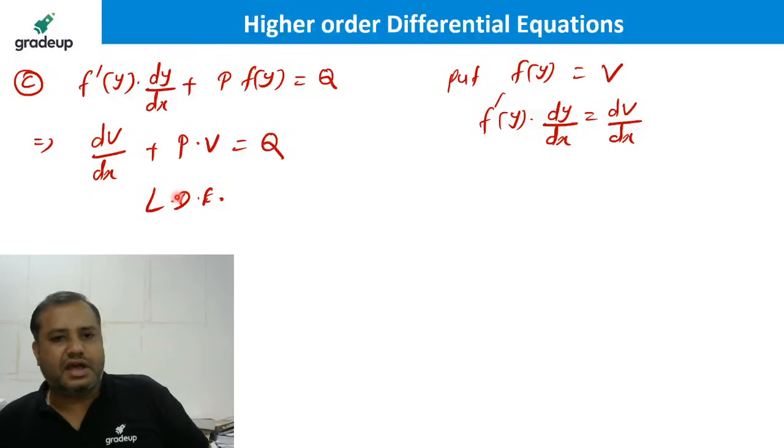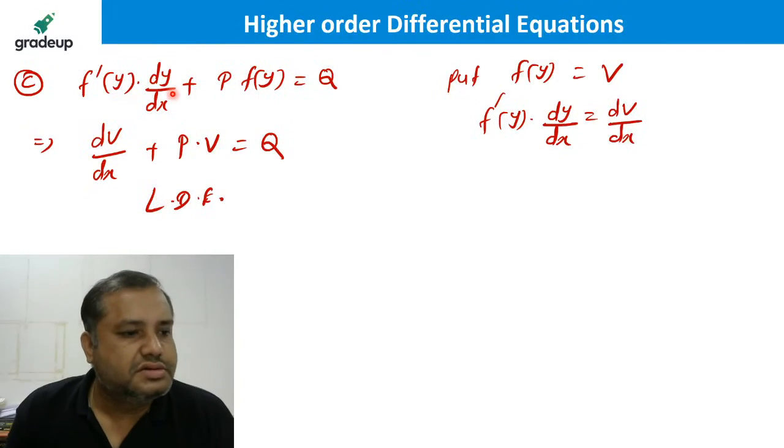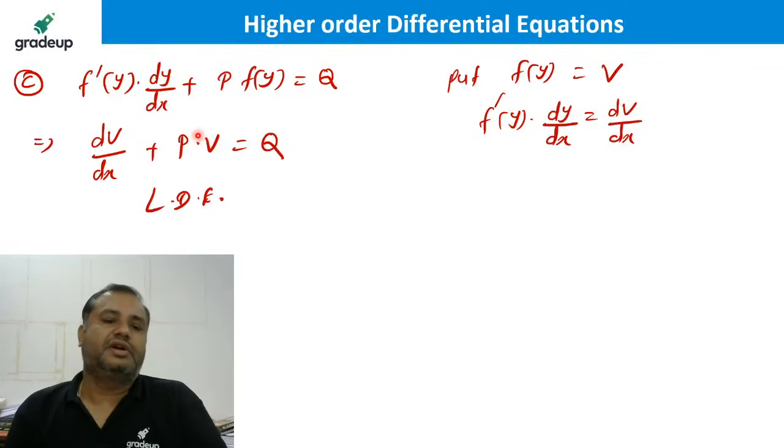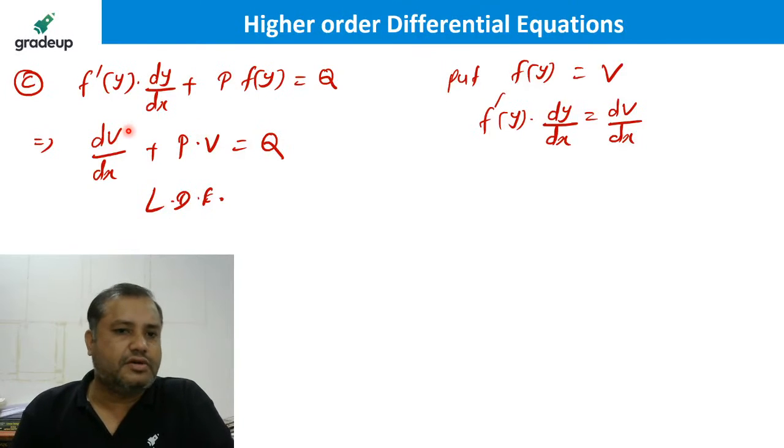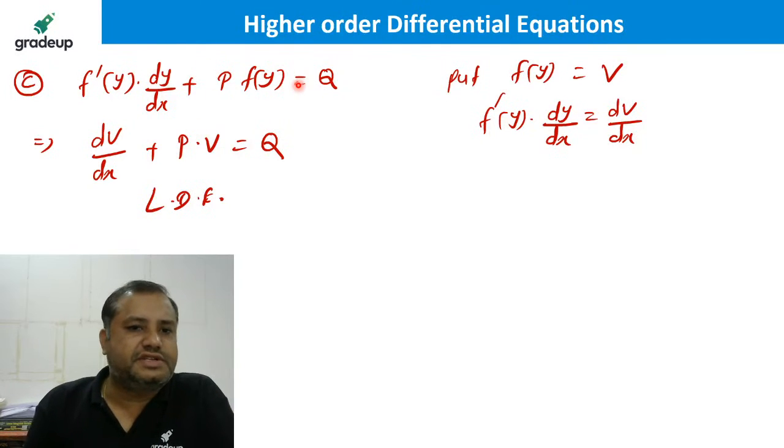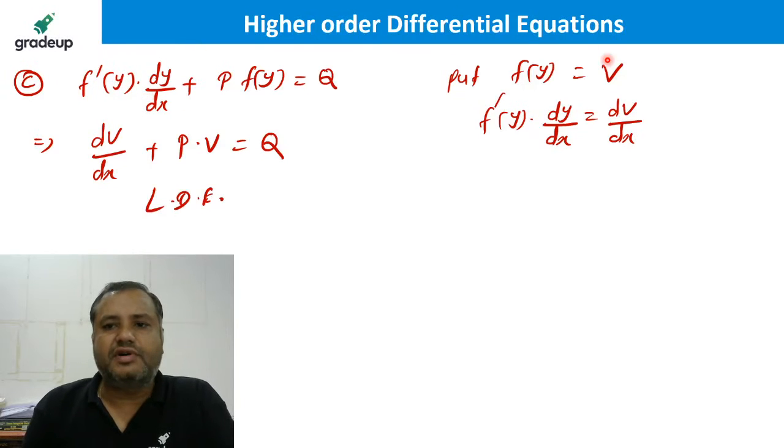Now you can write the integrating factor as well as you can write the solution. But remember here the dependent variable is v. So the given differential equation is non-linear as the dependent variable and derivative terms are multiplied together. But after doing this substitution, this is reduced to linear.